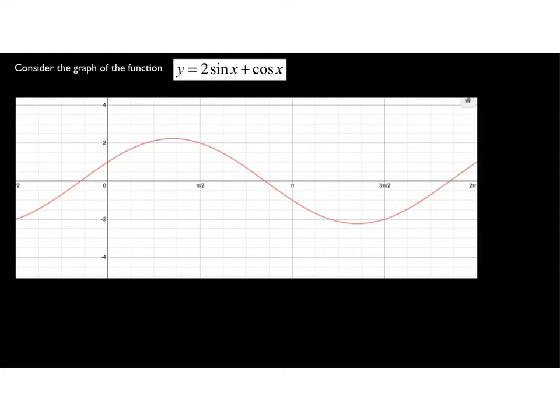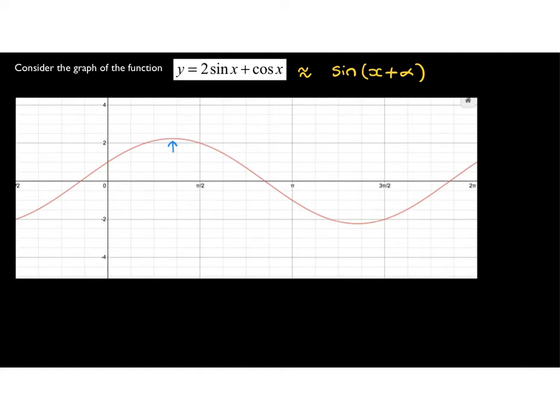This would suggest that this function, y equals 2 sine x plus cos x, could be expressed as some sort of trigonometric function. It could be a sine function where some sort of horizontal shift has taken place, and potentially some sort of stretch as well, because you can see the graph goes up above 1 on the y-axis.